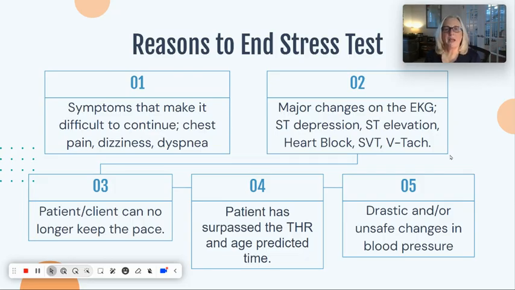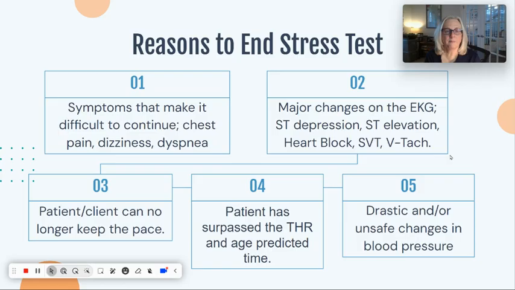Number two, if they've had any major EKG changes, like ST elevation, ST depression, a major heart block, SVT, VTAC, or really extreme tachycardias with symptoms, then we stop. These can be life-threatening, so if we see any life-threatening changes on the EKG, we stop the treadmill right away.